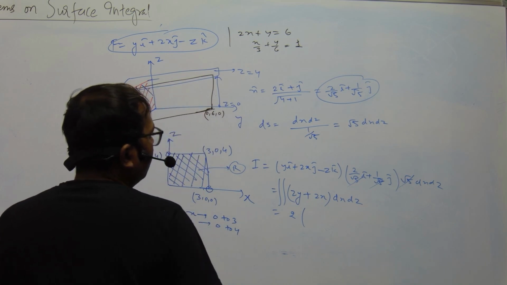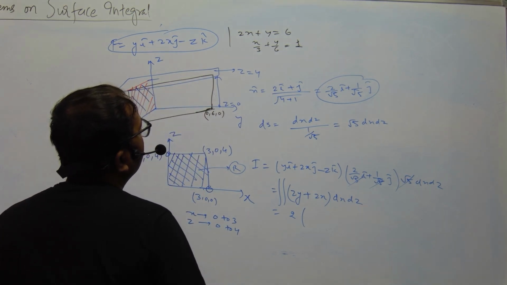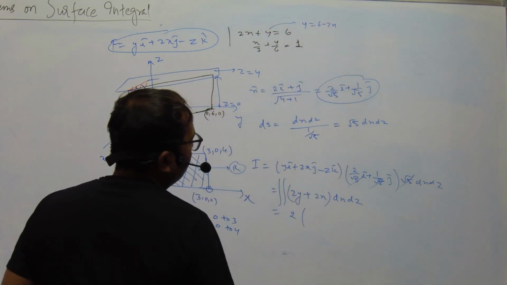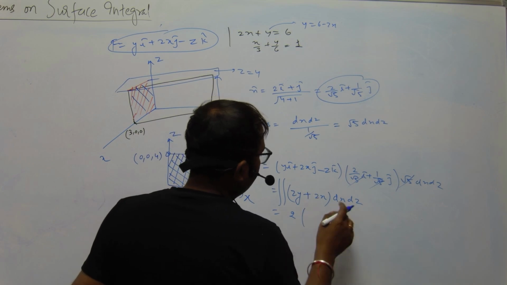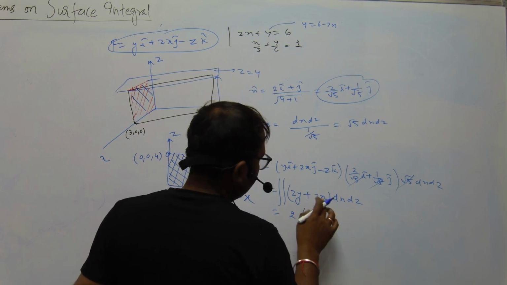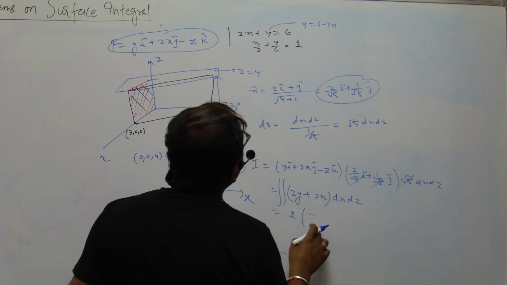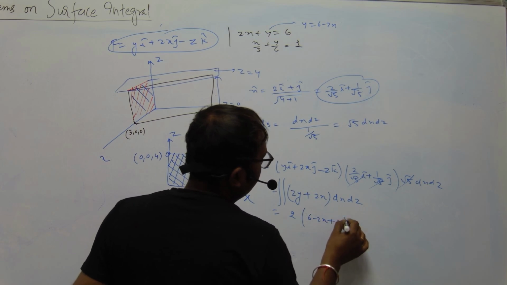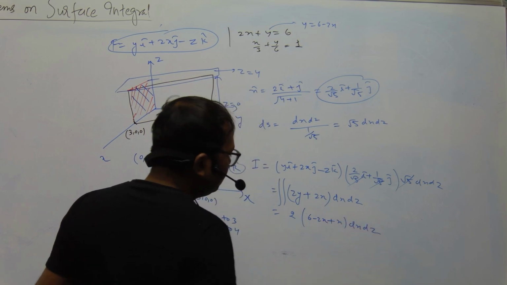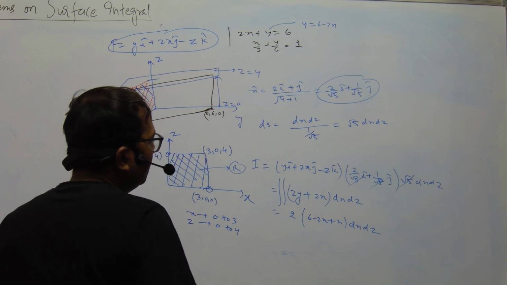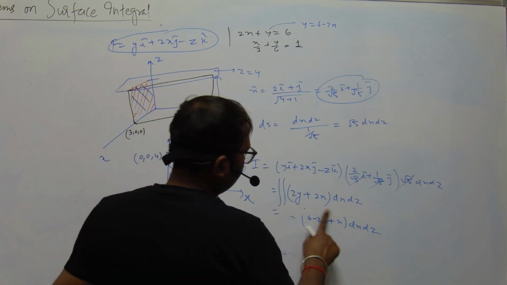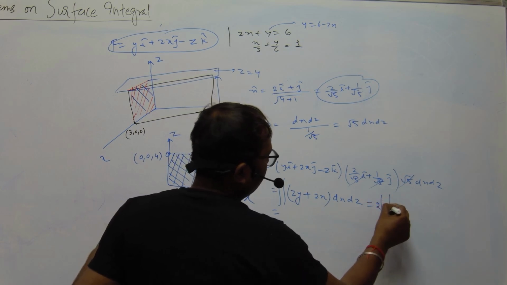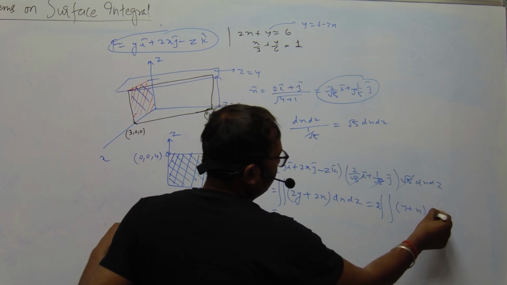Let us put the value of y in terms of x. From the plane equation, y is equal to 6 minus 2x. Let us write down one step also: this is equal to 2 outside, y plus x dx dz.